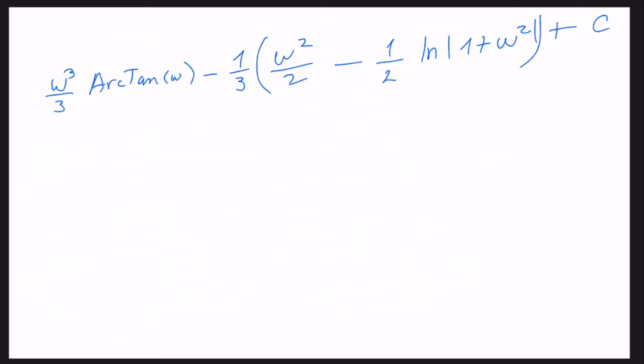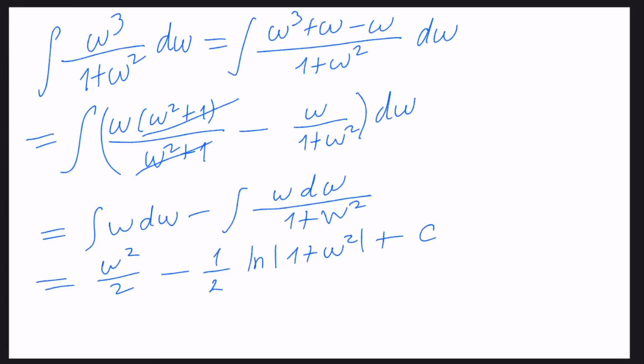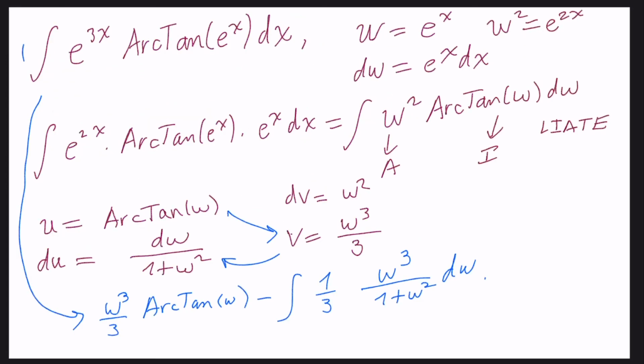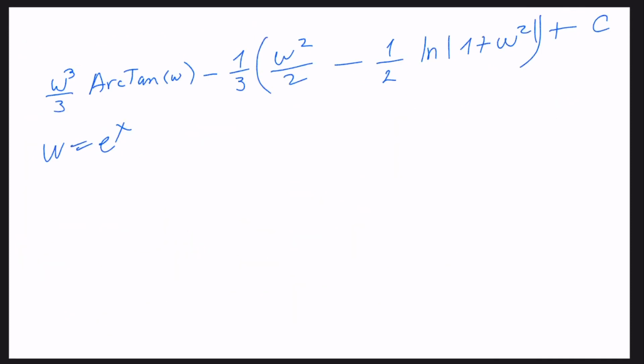W is e to the x. I will just put it here. Let me write, this is I, so you will refer to it, and I don't need to write everything again.